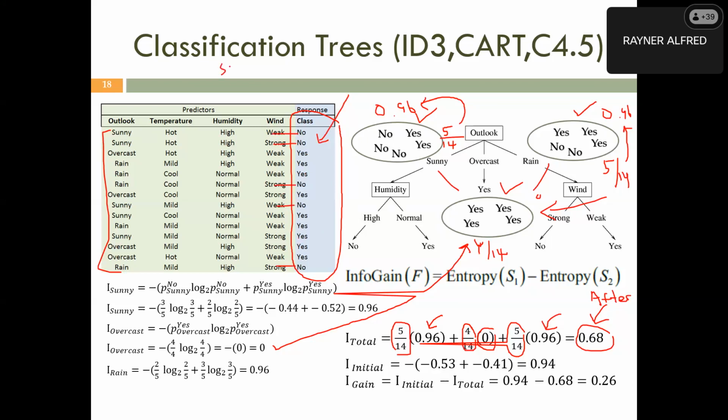So 5/14 log 2 5/14 plus 9/14 log 2 9/14.